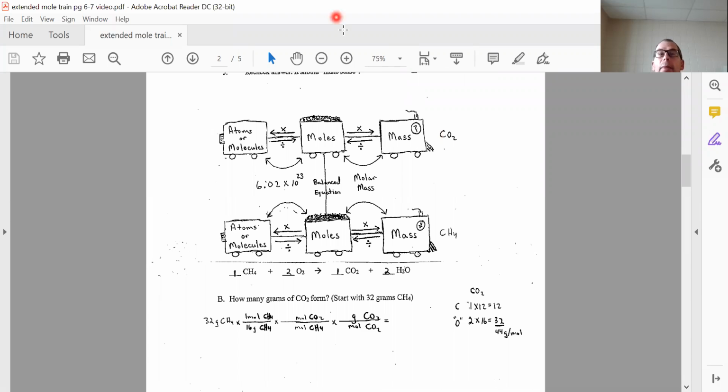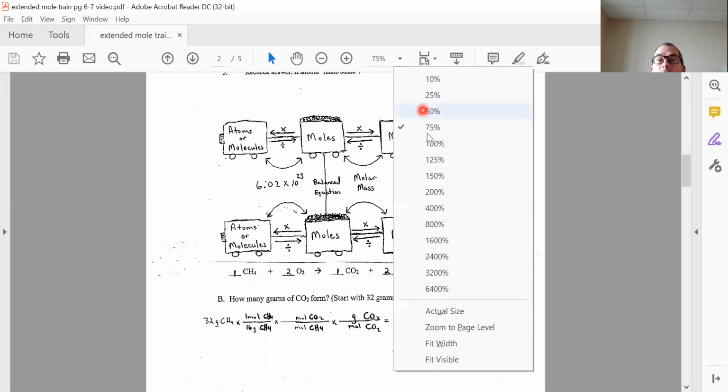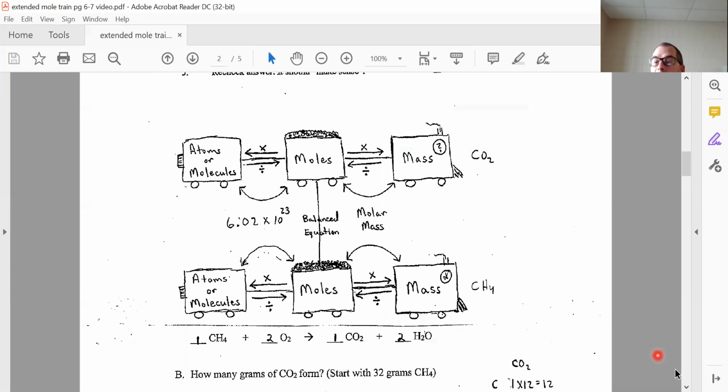And I'm hoping to make this bigger so we can see this. Oh, I know what's happening. It's hiding my little spot here. Okay, that's better.